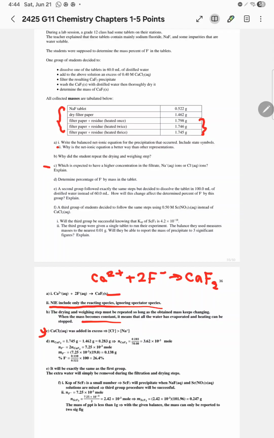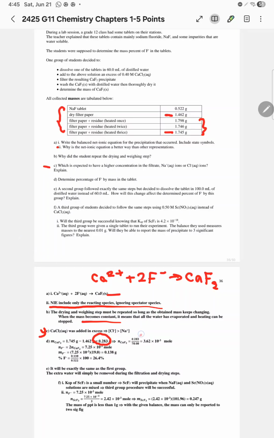Now, D, determine the percentage of F- by mass in the tablet. You're going to have to find the mass of the CaF2. You get the final, 1.745, subtract the initial, which is 1.462, you get 0.283.